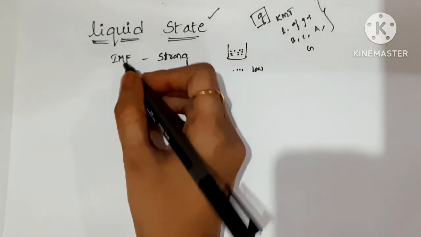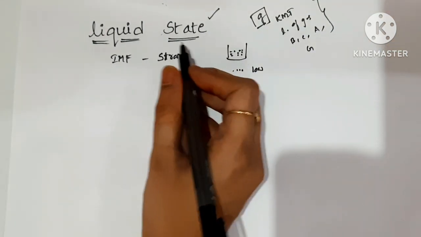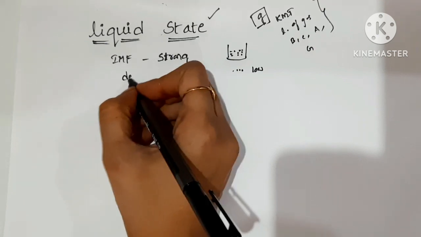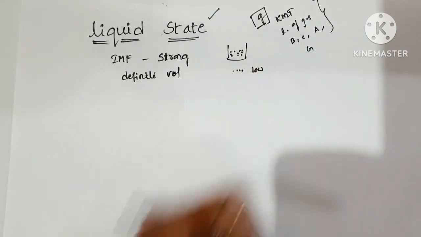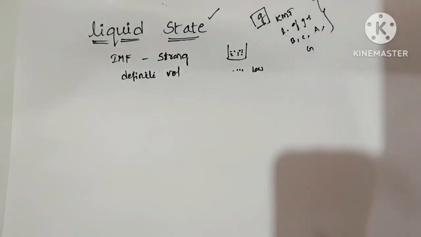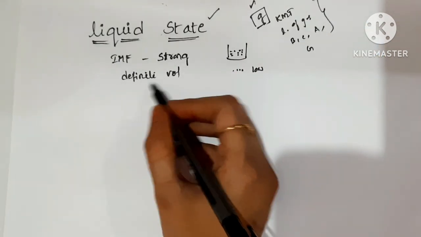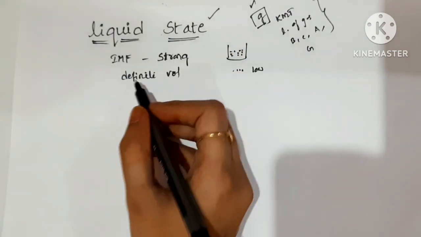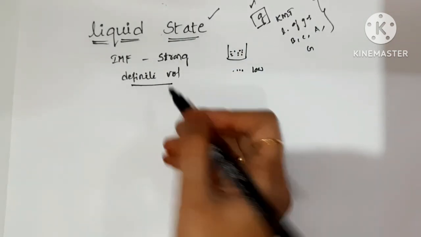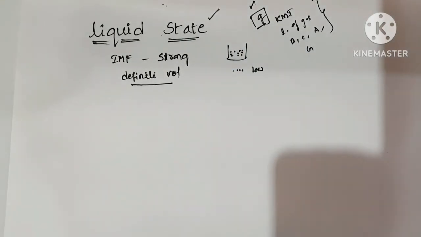And liquids have definite volume. Generally gases do not contain definite volumes, but liquids contain definite volumes. However, molecules of liquid can move past one another freely.